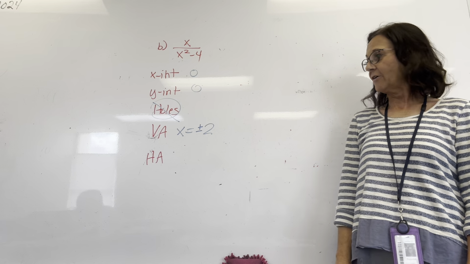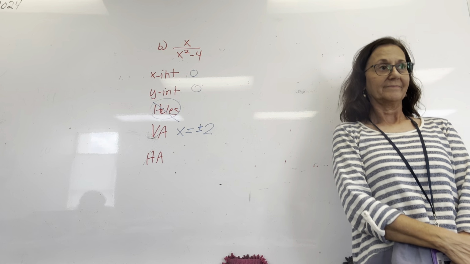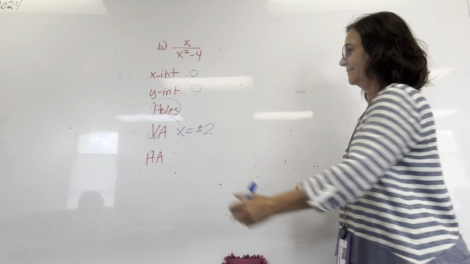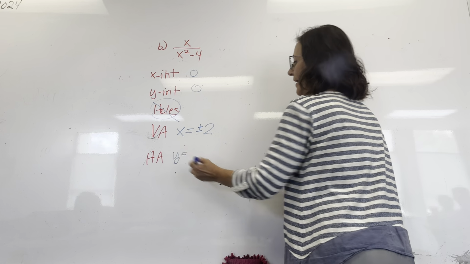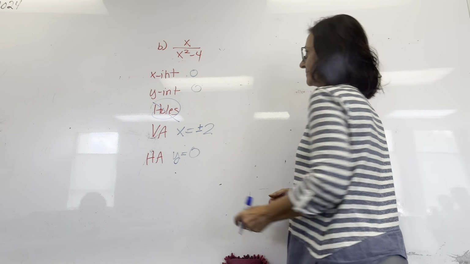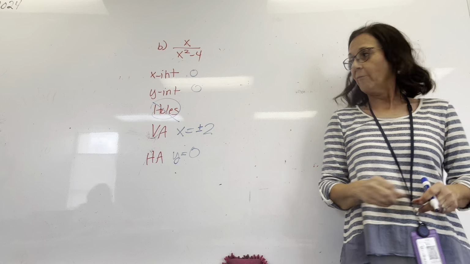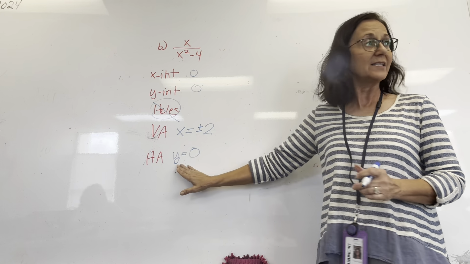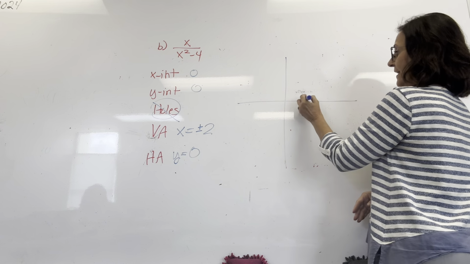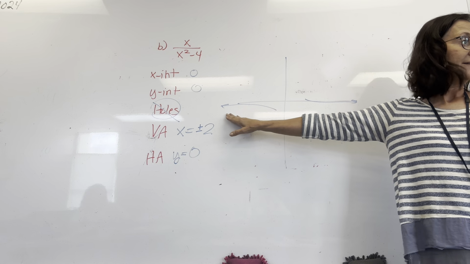Okay? Horizontal asymptote. Yes, there is. At y equals 0. Numerator less than denominator. All right. And we can figure out as x approaches infinity, it's going to approach 0.